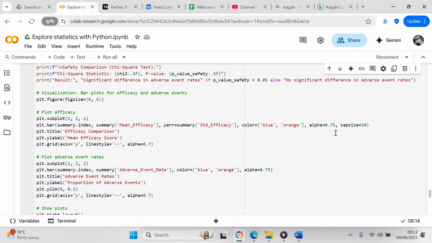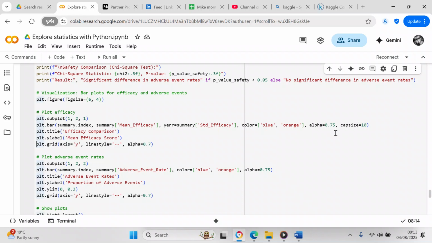So your title is efficacy comparison, the y-label is mean efficacy, and the grid is axis='y', linestyle='--', alpha=0.7.